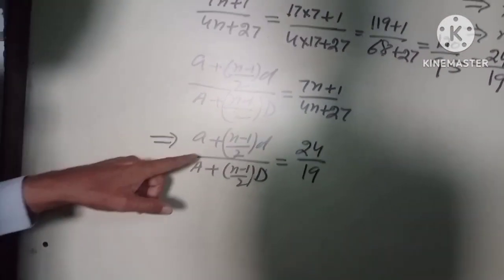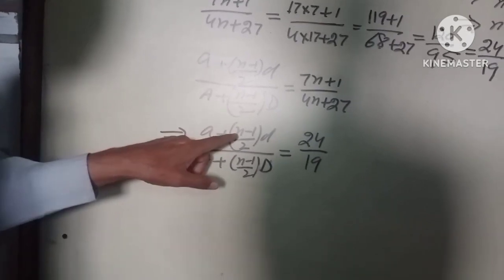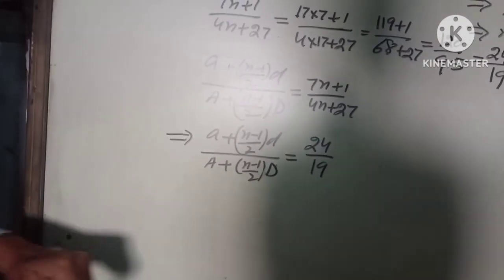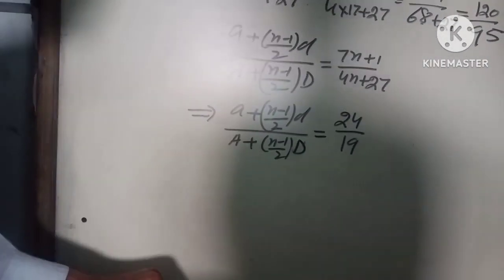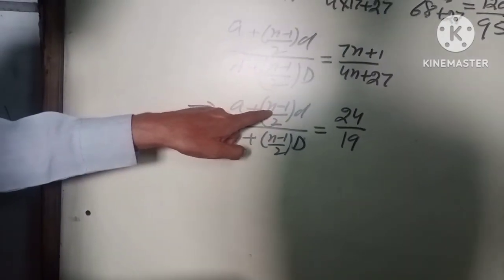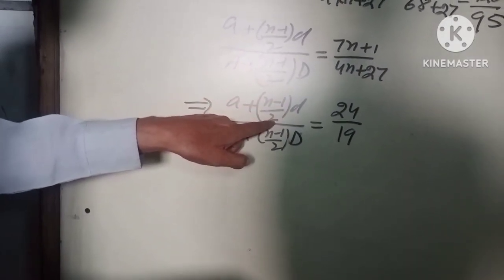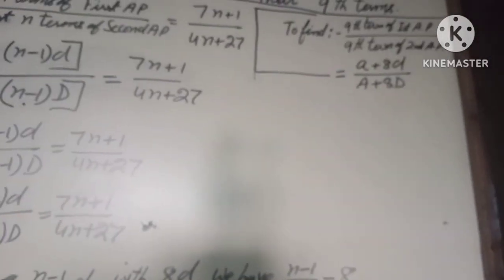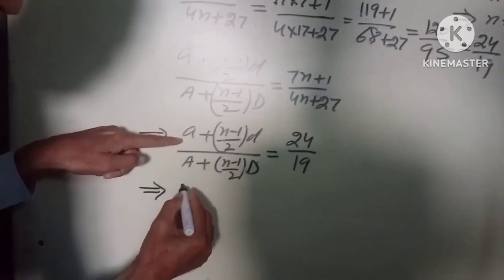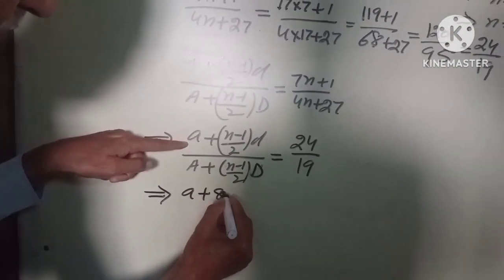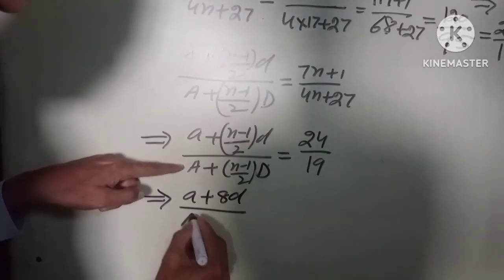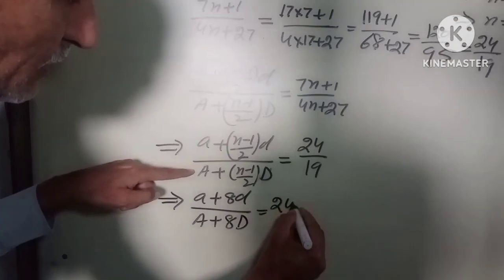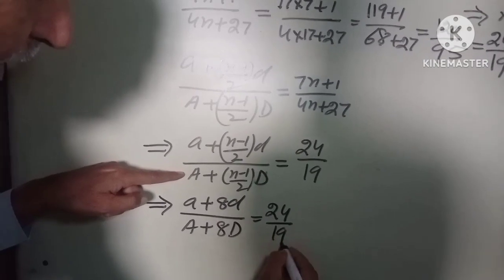Now we have to find out here the ninth term. So what we can do is, let's take this n minus 1 upon 2 as 8, as we had compared there. So this can be written as a plus 8d upon A plus 8D is equal to 24 upon 19.